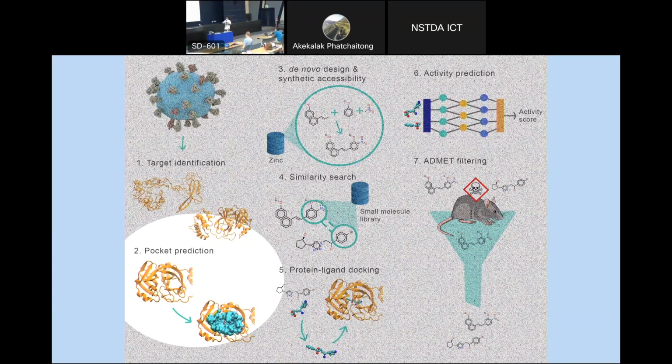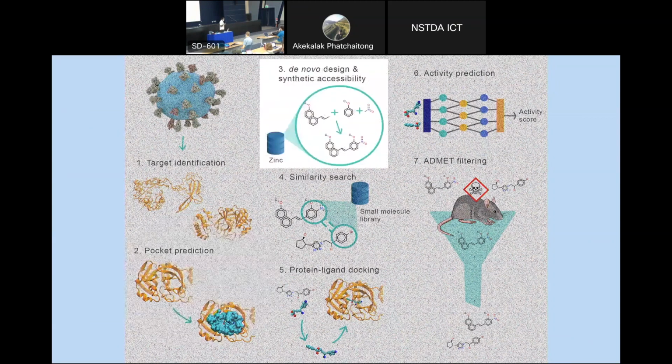So now we have a database of 3.7 billion molecules, right? We cannot search exhaustively that many molecules against that pocket. So what we do, and different people do different things, is we create a de novo molecule, and I'll explain a little bit.